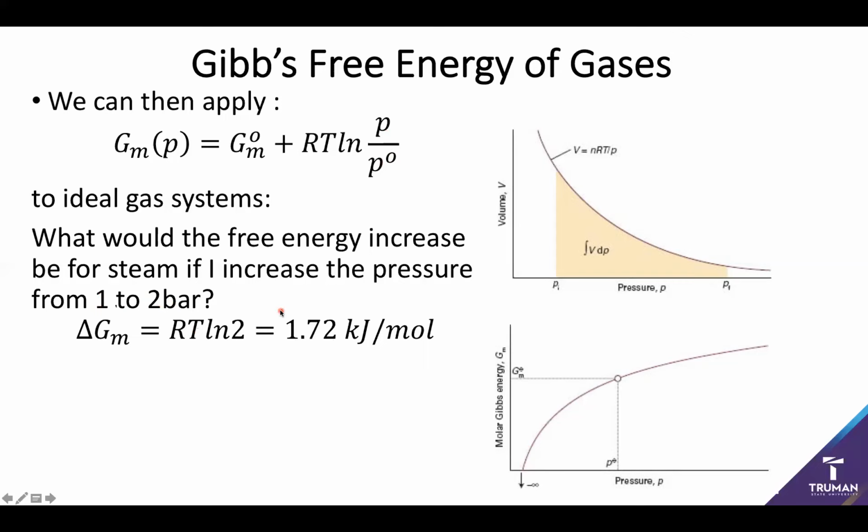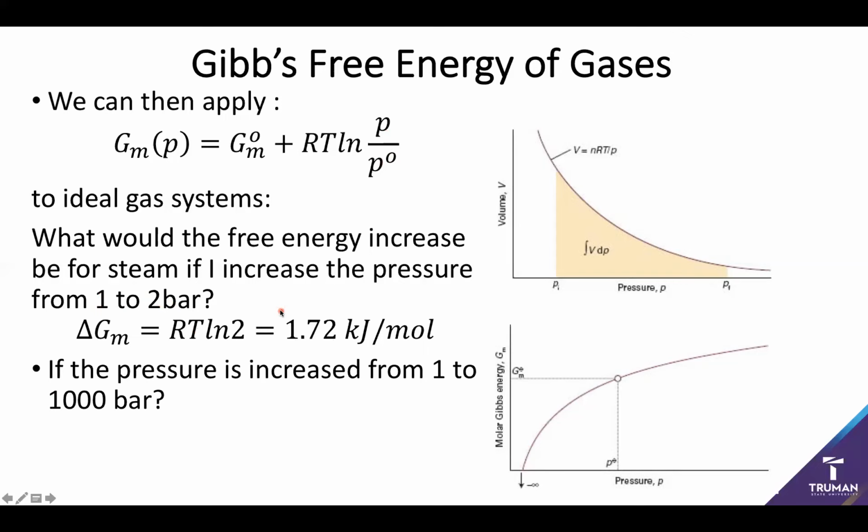However, let's talk about, say, if I was going to do something very similar to what I did with my condensed phases, and I go from 1 bar to 1,000 bar. Now, in this case, my ratio becomes 1,000 to 1. And it turns out that I have to put in 17.1 kilojoules per mole of energy. So this is 10 times as much. So again, it is worth noting that we do see a much more dampened effect than we saw with our condensed phases.